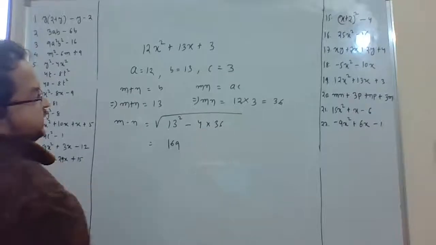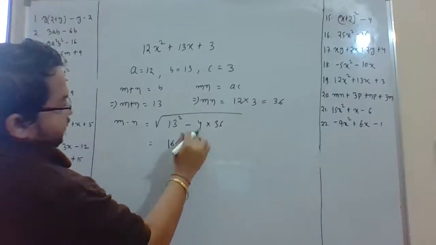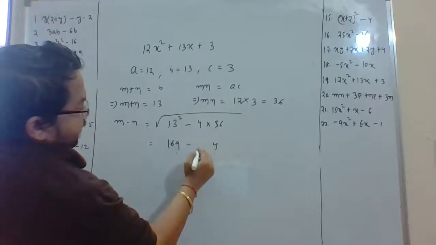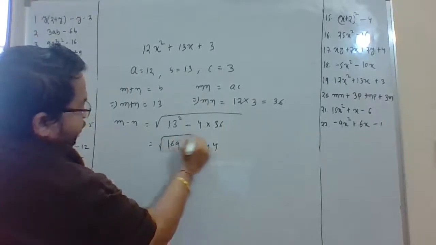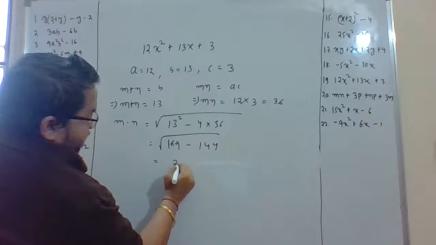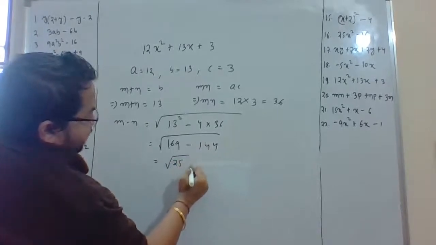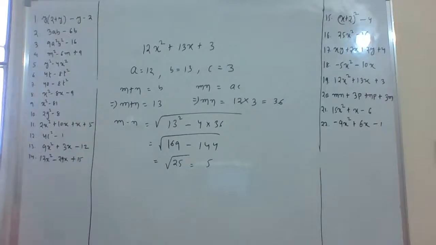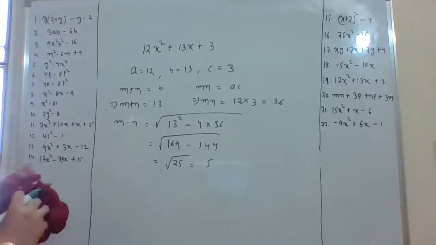And 4 into 36 is nothing but minus 144, right? That is nothing but root over 25, so that is nothing but 5. Okay, so we got m plus n equals 13 and m minus n equals 5.